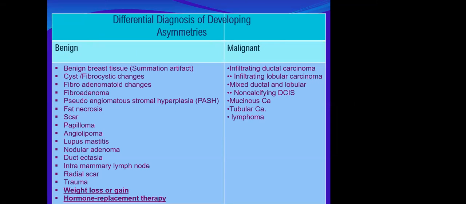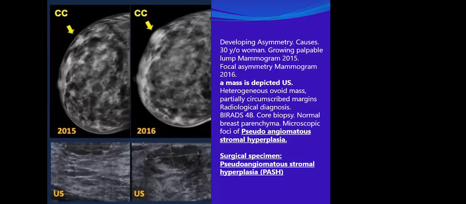We have seen an example of weight loss, and even weight gain can give you asymmetry, and we have seen this due to hormonal response, hormonal replacement therapy, or any exogenous hormone taken by the woman, which might result in a developing asymmetry. And we should not forget always to exclude malignancy, including infiltrating ductal or lobular carcinoma or mixed, including even DCIS, tubular or mucinous carcinoma, as well as lymphoma.